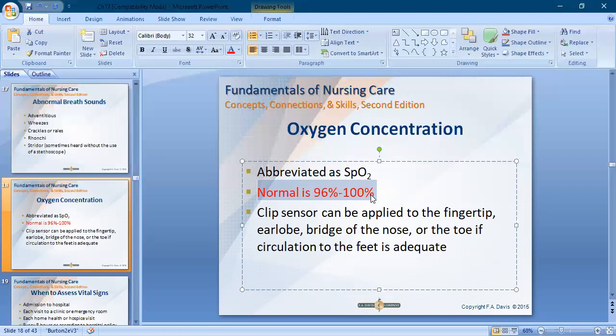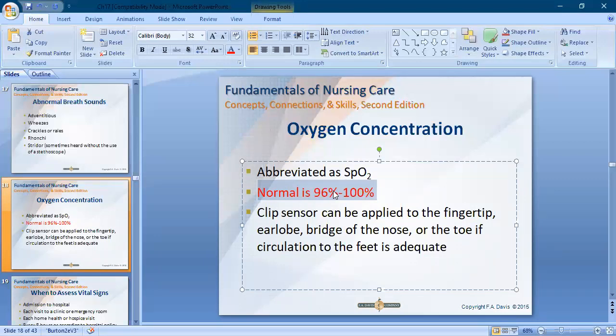Now, the second point: if any person has a history of lung disease or respiratory disease, their normal saturation rate is 90 to 100%.